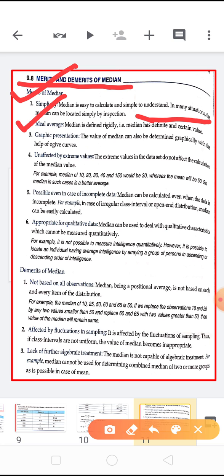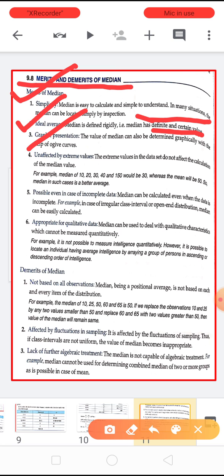Next is ideal average. Children, median is defined rigidly. That is, median has a definite and certain central value. Then it has graphical presentation. The median can be determined graphically with the help of ogives. Then it is usable in case of incomplete data. The median can be calculated even when the data is incomplete.